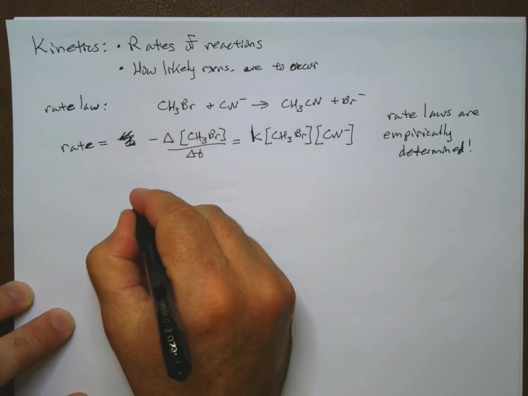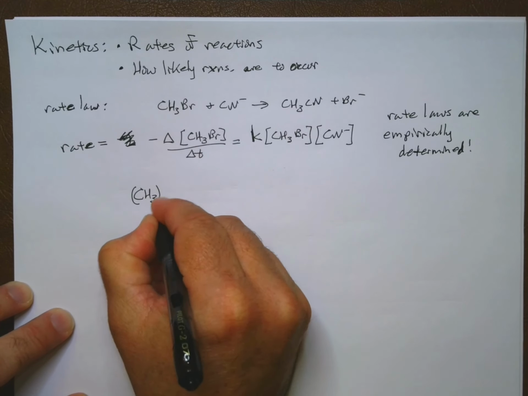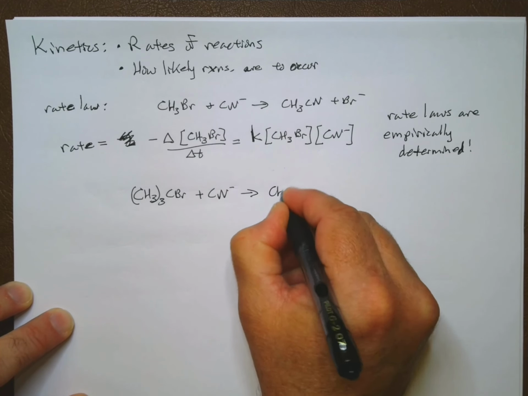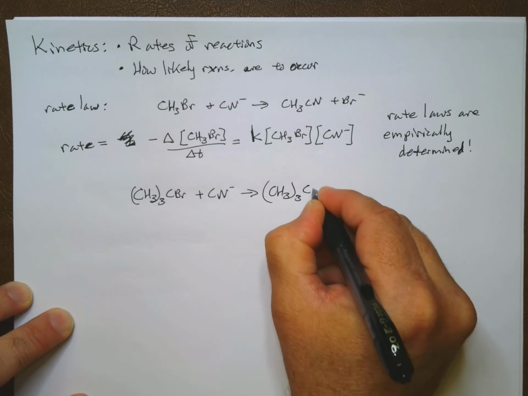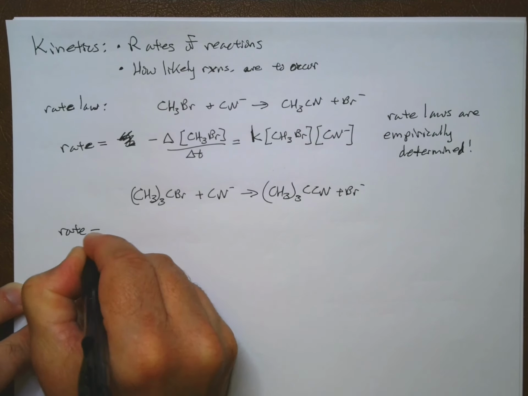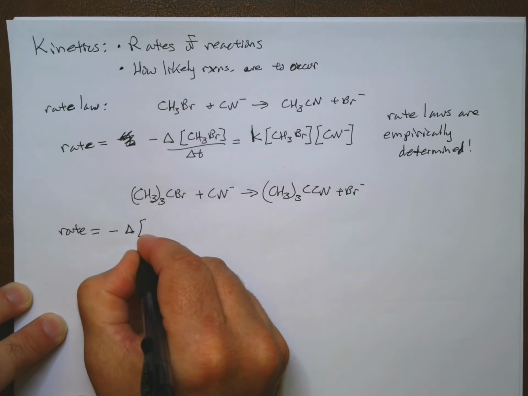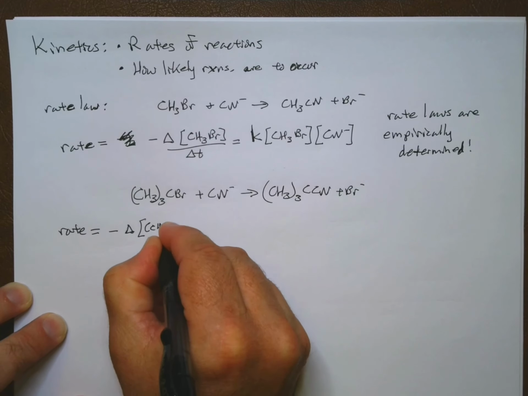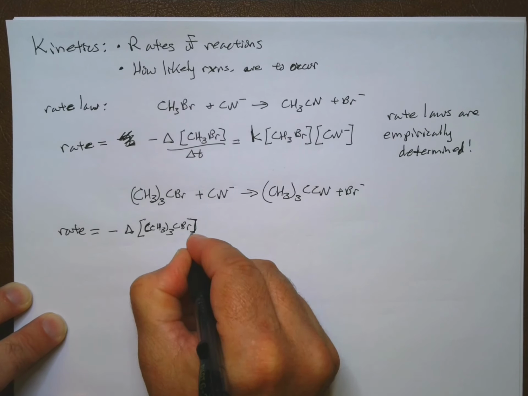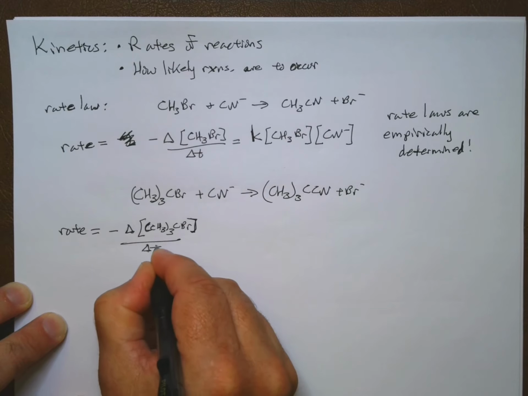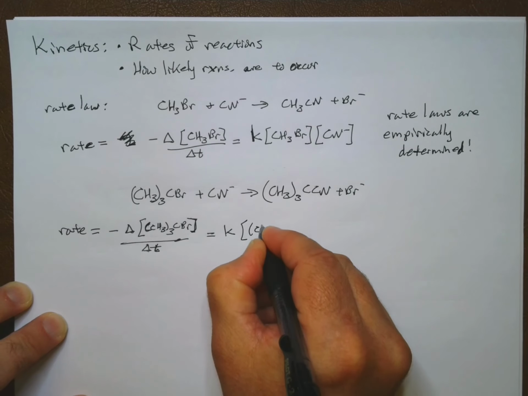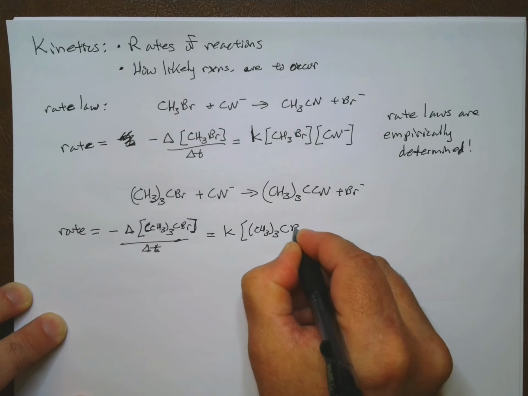Well, let's look at a similar reaction. (CH3)3CBr plus CN minus gives me (CH3)3CCN plus Br minus. Here my rate, which is minus delta (CH3)3CBr over delta T, that's k times (CH3)3CBr.